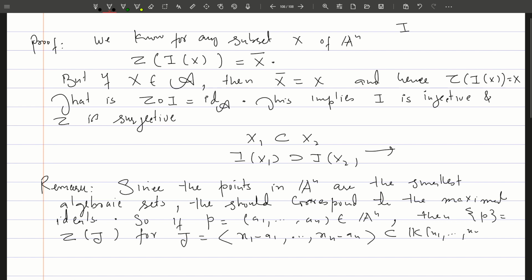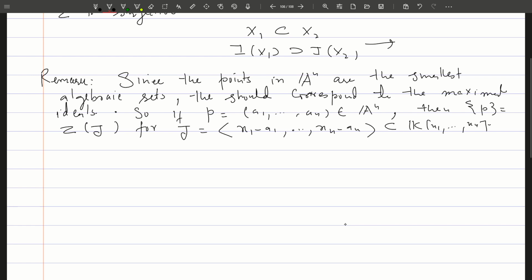So furthermore, this J is a maximal ideal, since the quotient ring is actually a field.